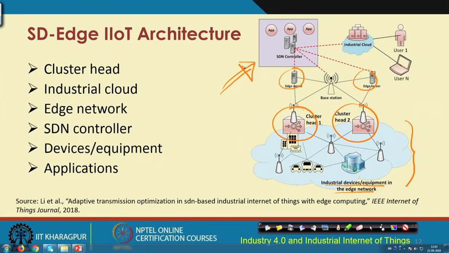So, you are going to have in the software defined edge IIoT architecture different components such as the cluster head, industrial cloud, edge network, software defined network controller, devices and equipments, and these applications, which holistically has been shown in this particular architecture, and this is quite self explanatory. So, I do not need to go through each of these different components in further detail.